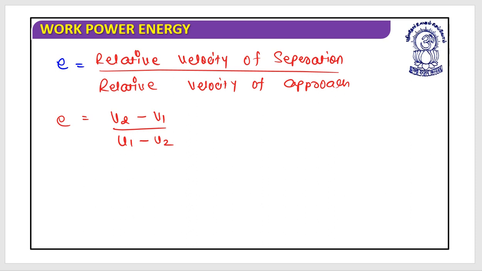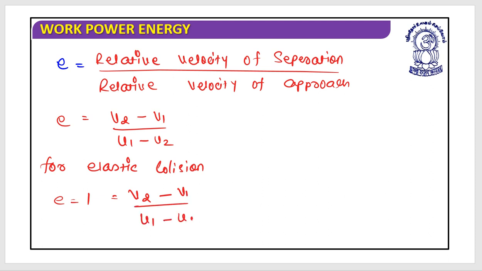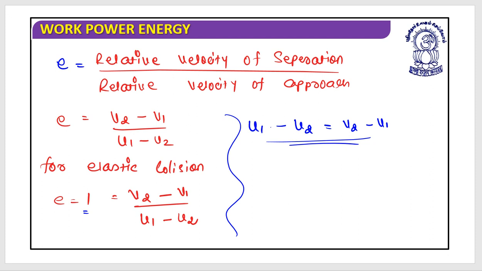So for elastic collision we have E equal to 1. When I say for elastic collision E is equal to 1, this is v2 minus v1 divided by u1 minus u2. So E equal to 1 means u1 minus u2 equals v2 minus v1.